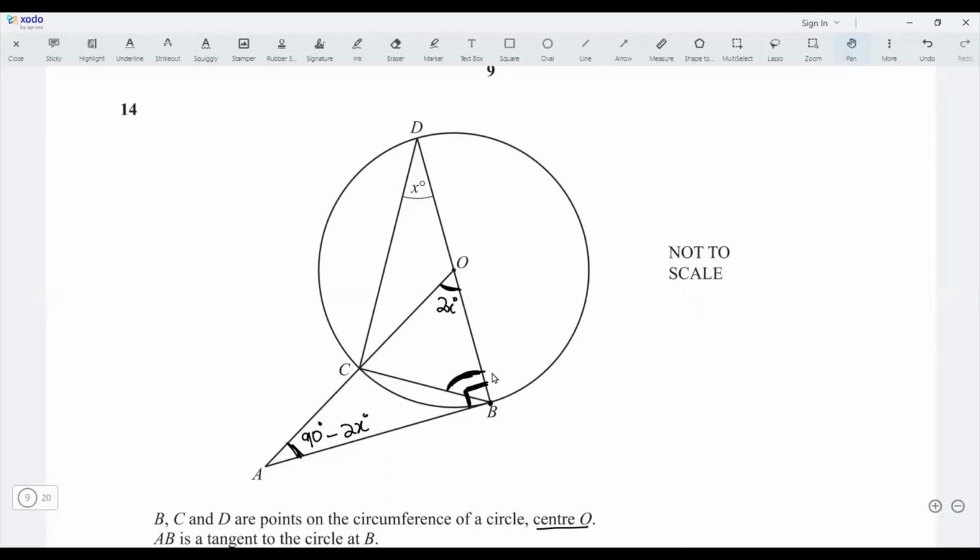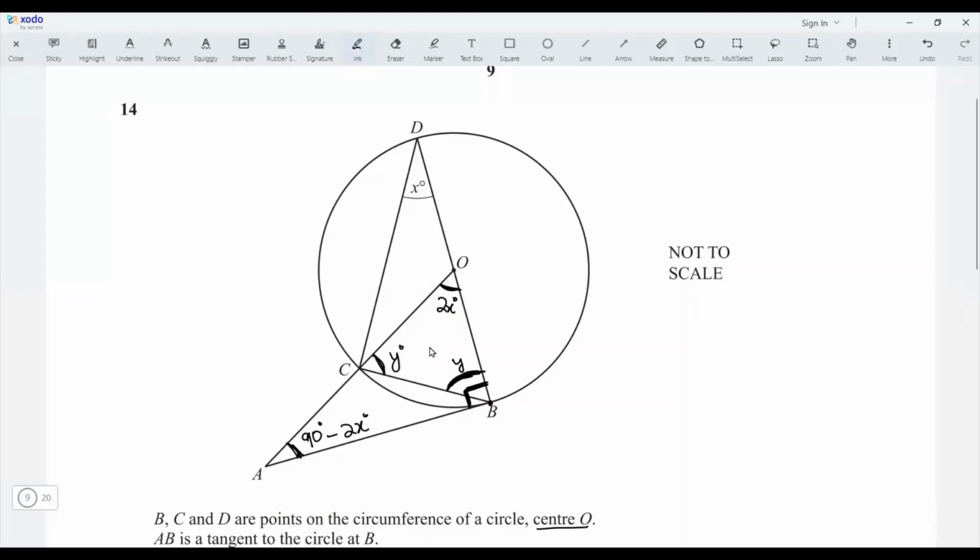So what we have to do, you can see if there are two angles, I'm just applying it to triangle OBC. So I'm supposing this as y. This is also y because it's an isosceles triangle.